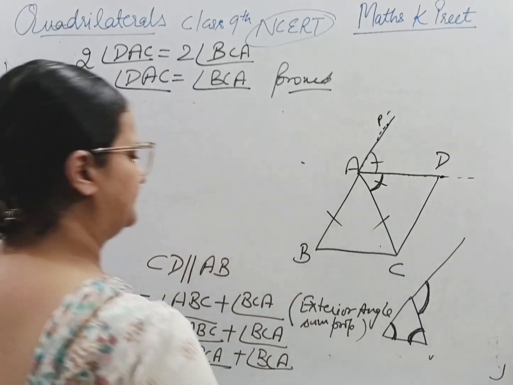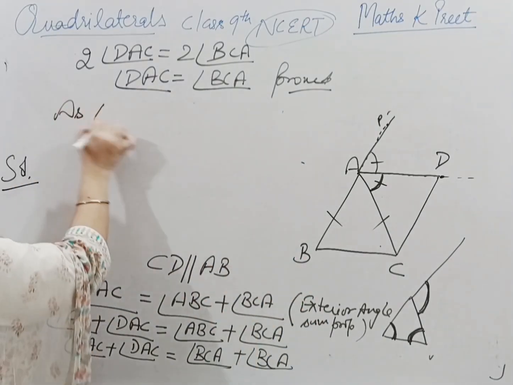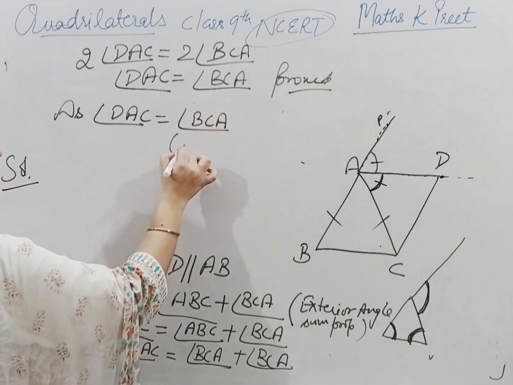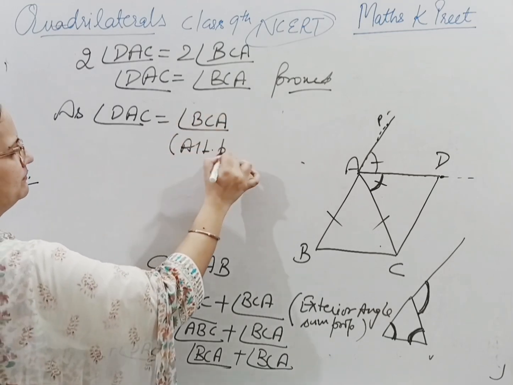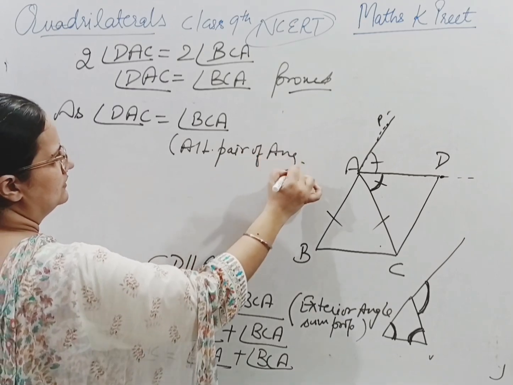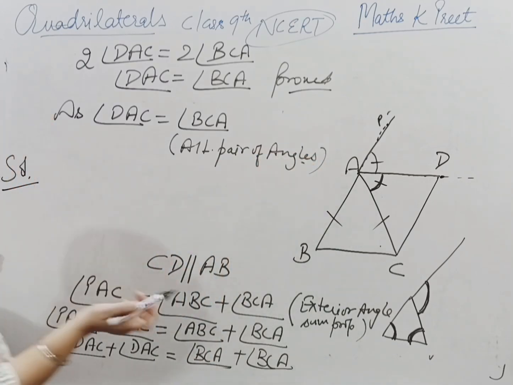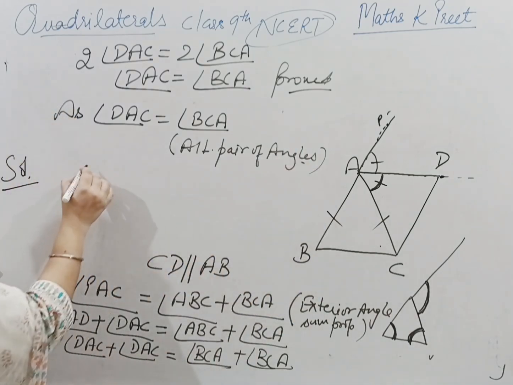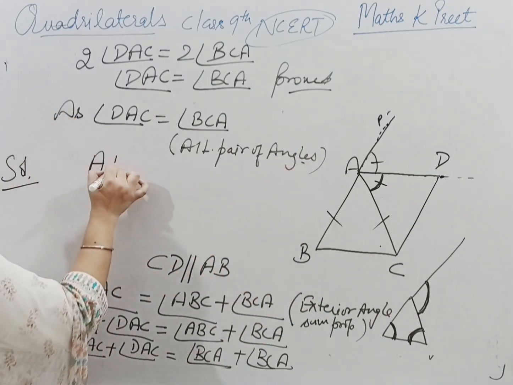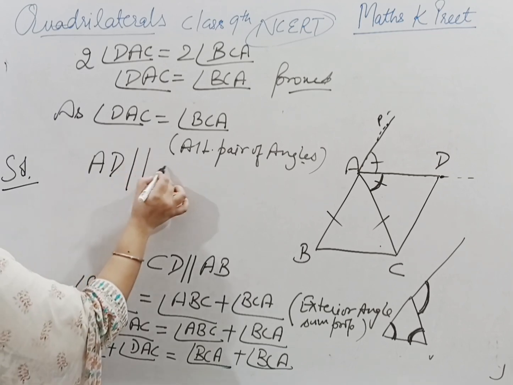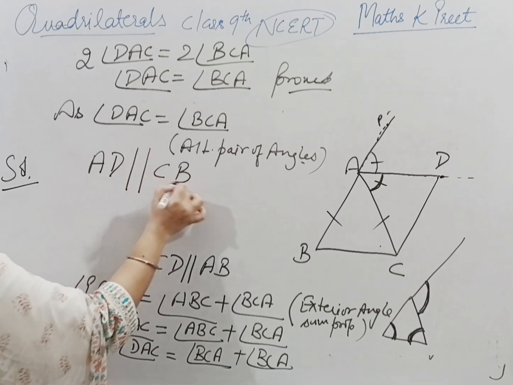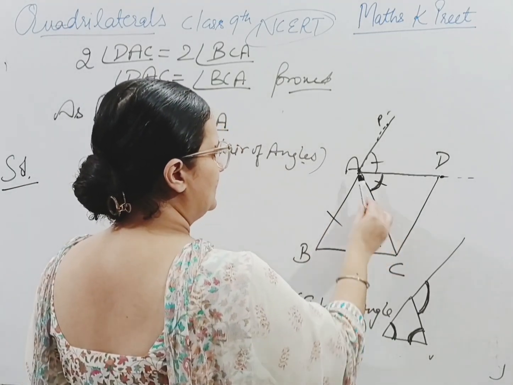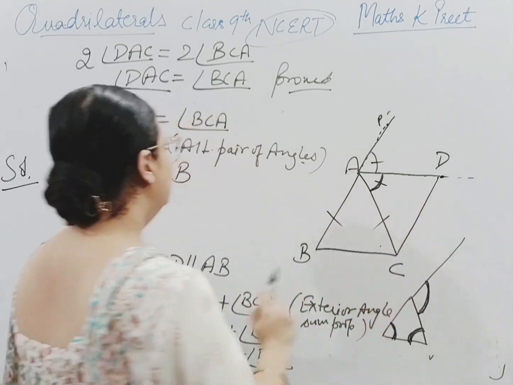So I can write, as DAC is equal to BCA, alternate pair of angles, then as AC is acting as a transversal, therefore AD will be parallel to CB or BC. So this is a pair we have shown, alternate pair of angles equal. Then this line AD will be parallel to BC.